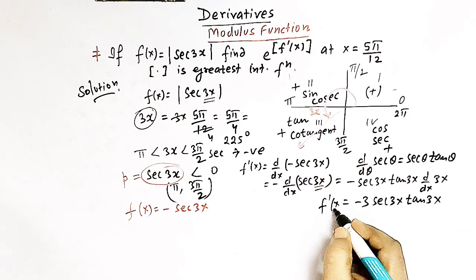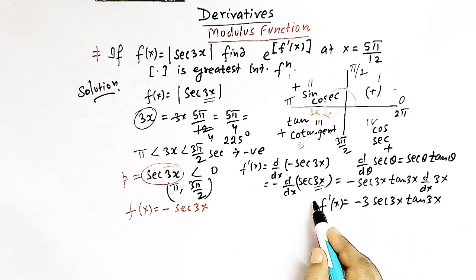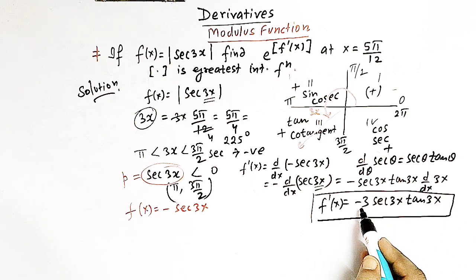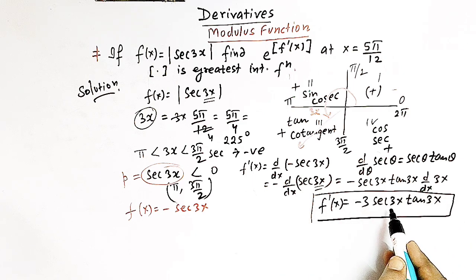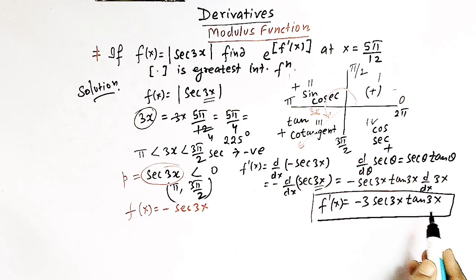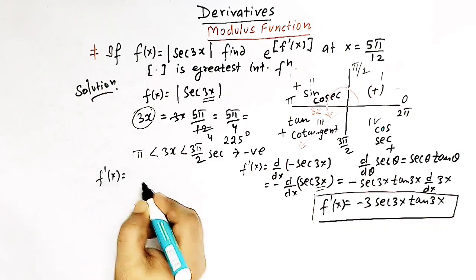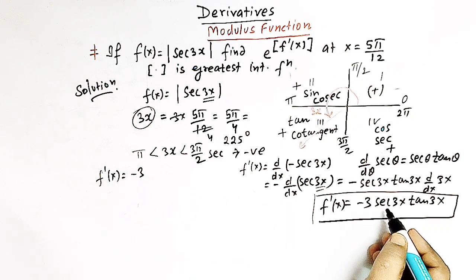So the derivative, that is f prime of x, is given by this expression, that is minus 3 secant 3x tan 3x. So now let us write f prime of x as minus 3.